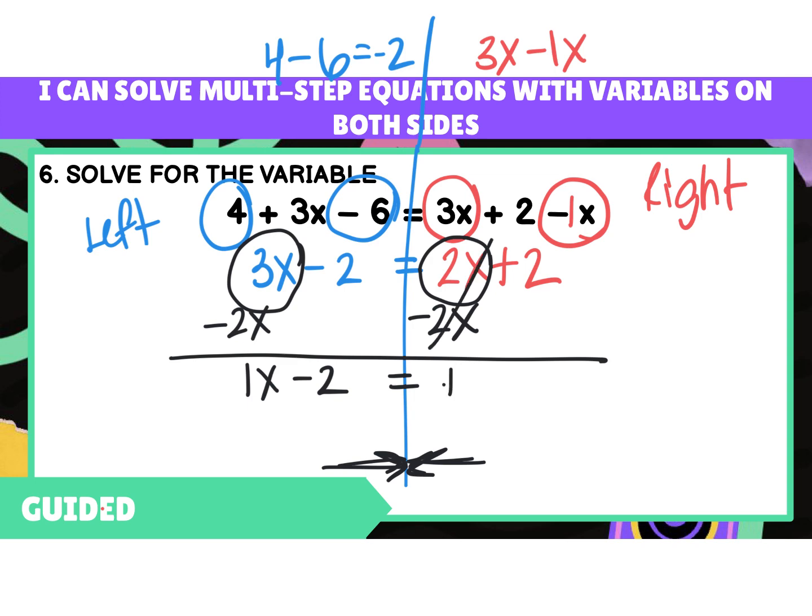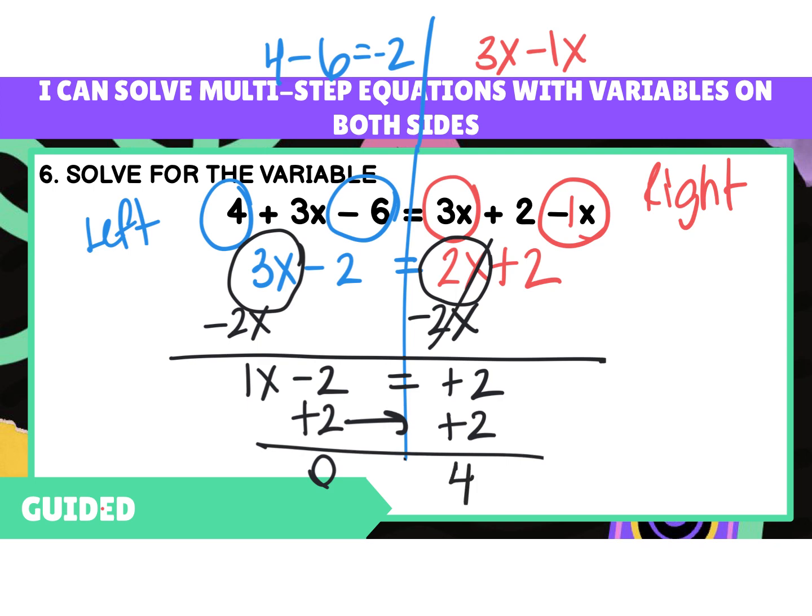And then it's a positive 2. So 1x minus 2 equals 2. We know we're going to add 2 and add 2. Again, I'm trying to get this 2 to this side. If I have to cross over the line, I'm doing the opposite. So this gives us 0, and this gives us 4. So 1x is going to equal 4, which we know means x equals 4.